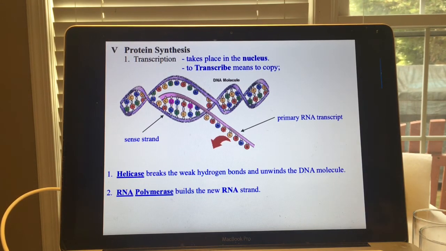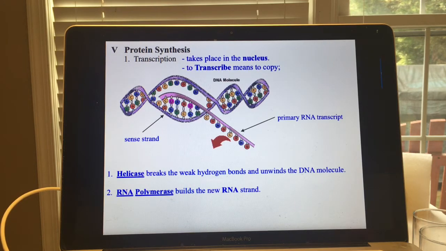Be really careful to specify that it's RNA polymerase, because if you got in the habit during the replication portion of the unit of saying polymerase without saying DNA polymerase, you have to be specific, because DNA polymerase and RNA polymerase are two different enzymes. DNA polymerase obviously builds polymers of DNA. RNA polymerase obviously builds polymers of RNA.